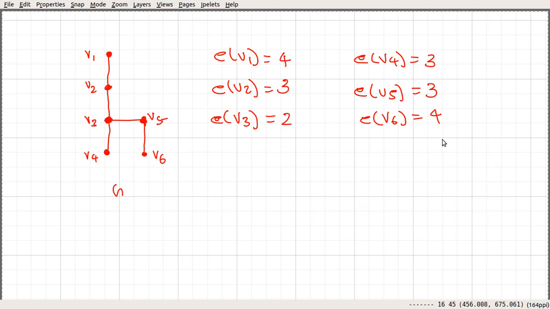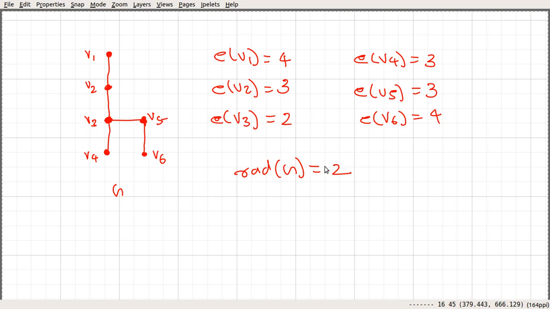So let's go and find the radius of this graph. Here the eccentricities of all the vertices are 4, 3, 2, 3, 4, and the minimum among all these is 2. So the radius of this graph is 2.